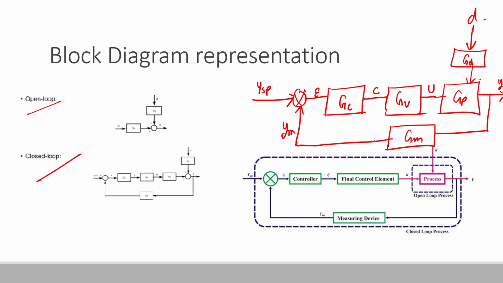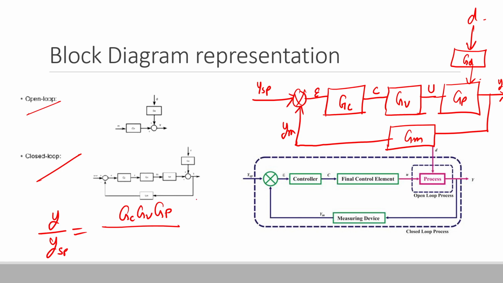So if I want to write the transfer function between the output and the set point of this block diagram, we can simply write it as y upon ysp. Then over here we will have the open loop transfer function. That is, if we were not having this feedback loop, then what would my transfer function have been? That would simply be the multiplication of each of these three blocks present in this open loop, that is basically Gc, Gb, Gp, and then upon the closed loop transfer function.